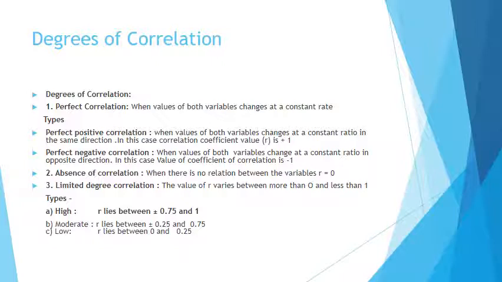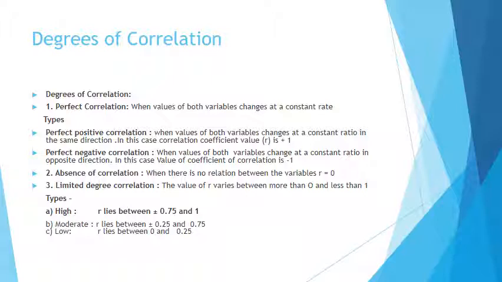Third is limited degree of correlation. Between perfect correlation and absence of correlation, there is a situation of limited degree of correlation in real life. One mostly finds limited degree of correlation. Its coefficient is more than 0 and less than 1.